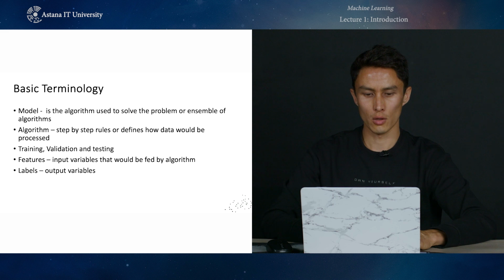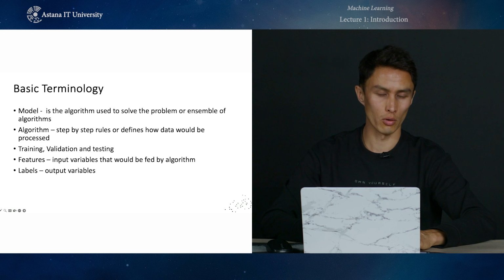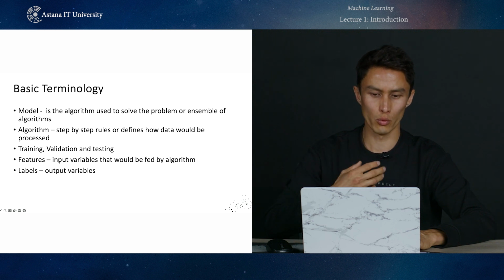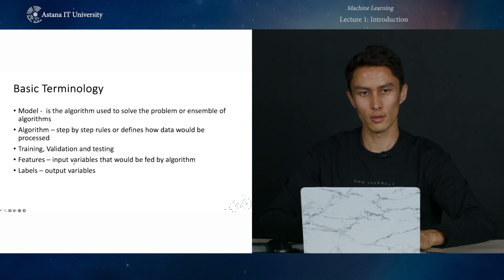For example, if you want to implement computer vision recognition, features might be, for example, the color of the object. If you want to recognize a human, a feature can be the color of the hair and the height of the person.